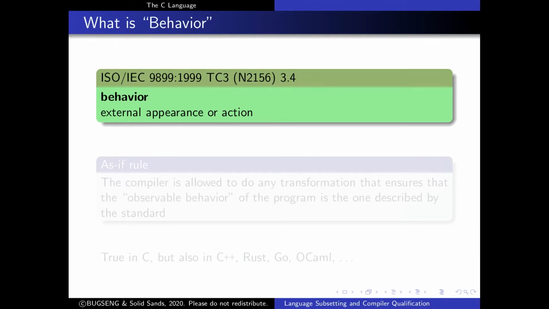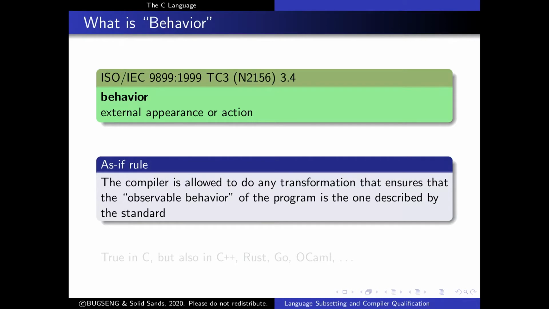What is the issue? The issue is rooted in the notion of behavior, which the C standard documents define as something that is visible to the external of the program. So, external appearance or action. And due to this, all compilers observe what is called the as-if rule, meaning that the compiler can do any transformation provided the observable behavior doesn't change.